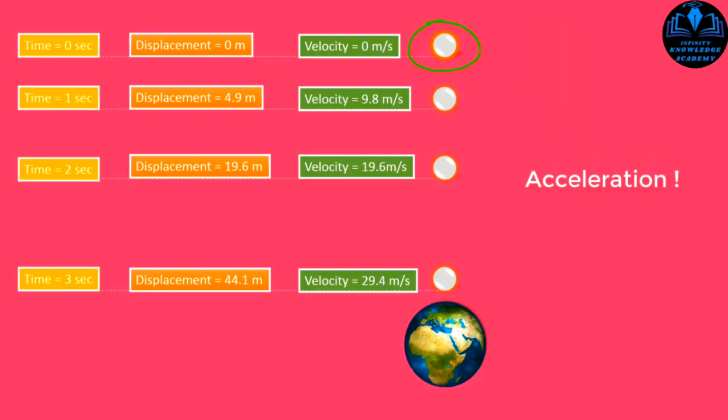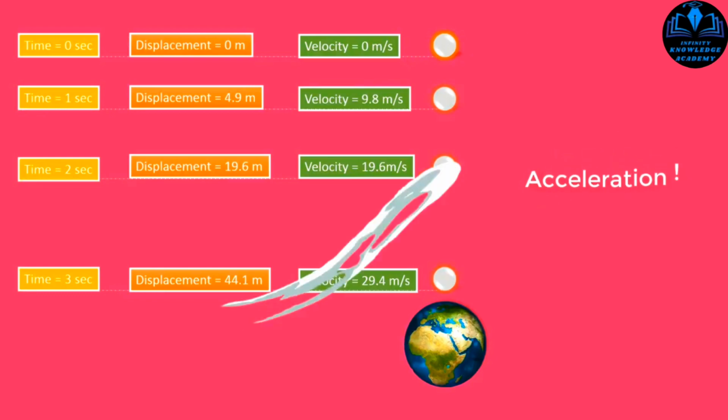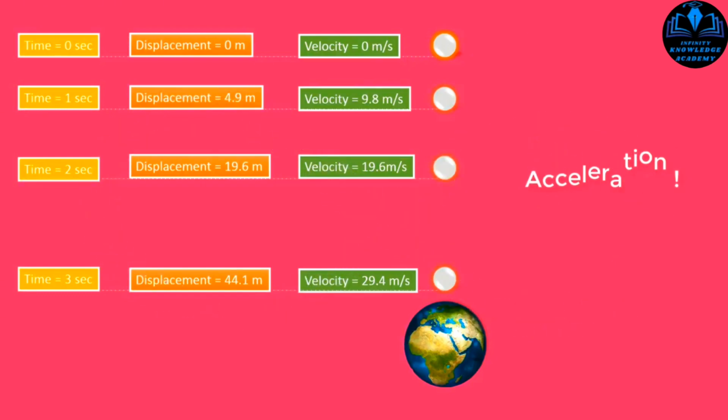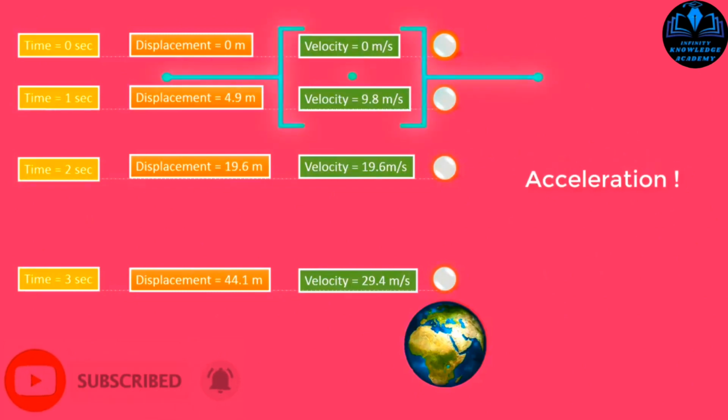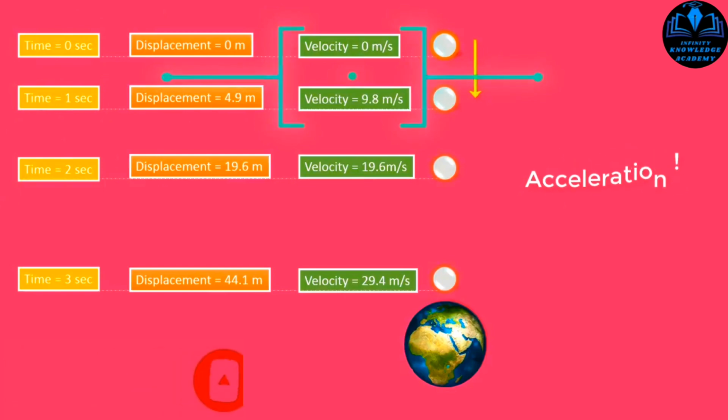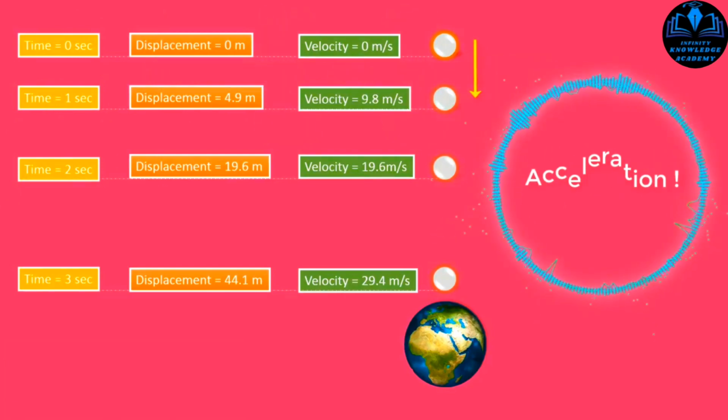The answer is yes. We know that the rate of change of velocity every second is called acceleration. It means if I find the change in velocity between 0 and 1 seconds, it will give us acceleration.